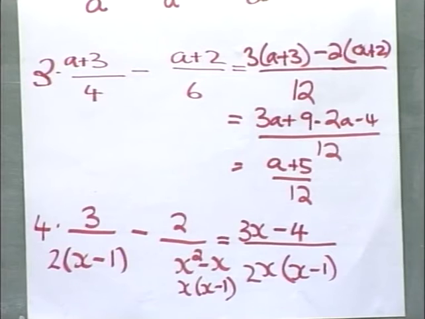For the one with indices, take the one with the highest power, which is a squared. Okay, so 3a squared. You have to include 3 as well because there's nothing common here and here.